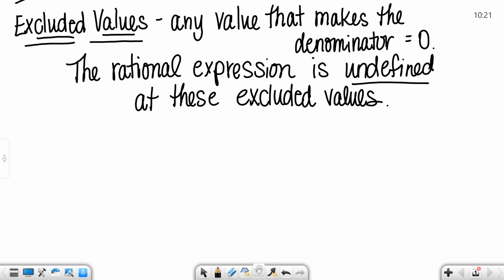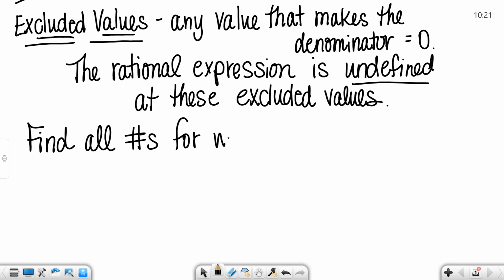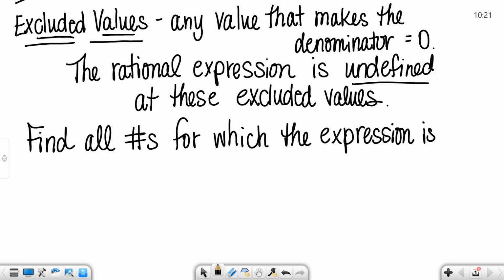So let's see how that can be useful. For the moment, let's just find all numbers for which the expression is undefined. So that's just the first question we're going to work with to make sure we understand what that even means.